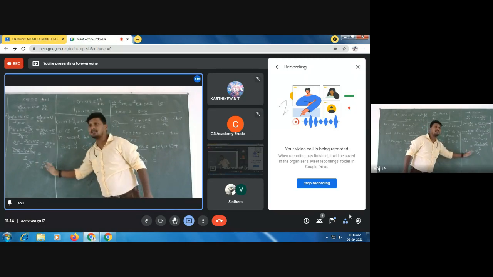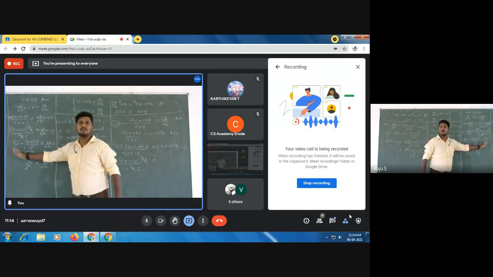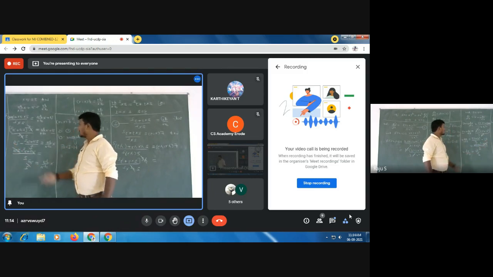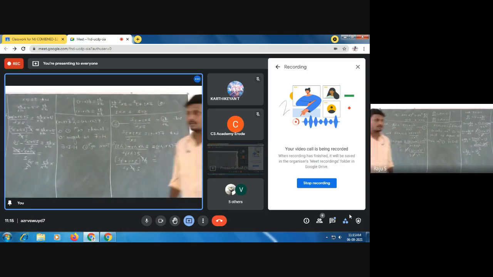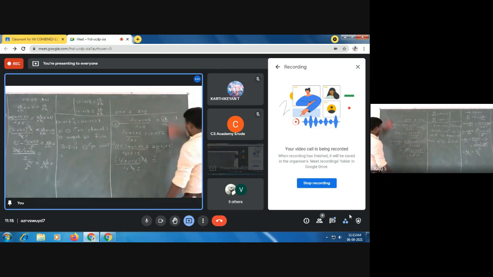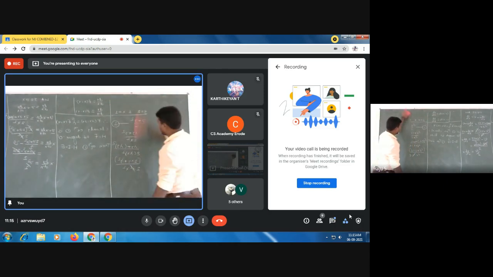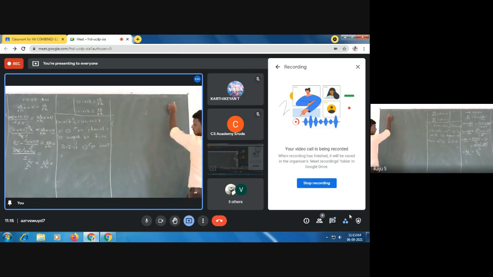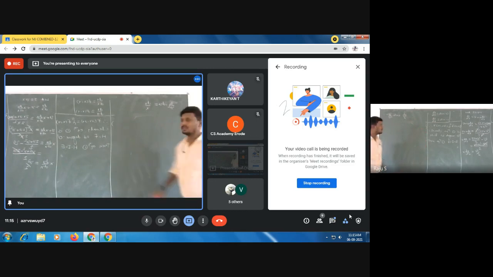Now we can separate the v variable on one side and the x variable on the other side. Taking the v variable to the left side, when I separate, 2 by v square dv is equal to dx by x. Clearly the variables are separable, then the solution is given by integration.